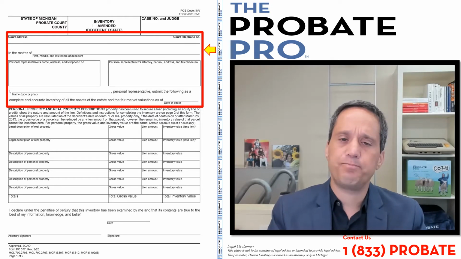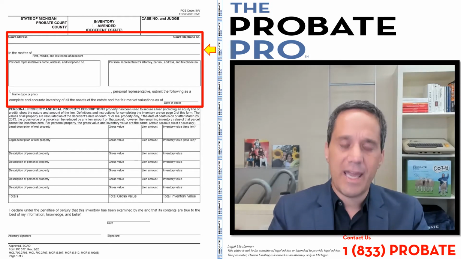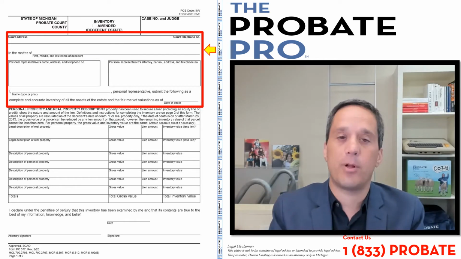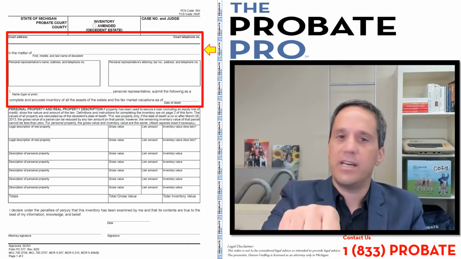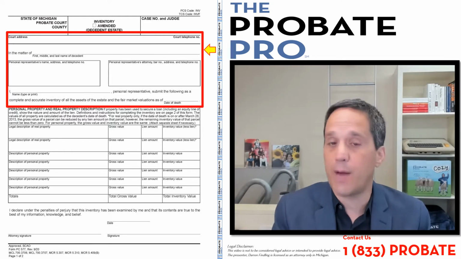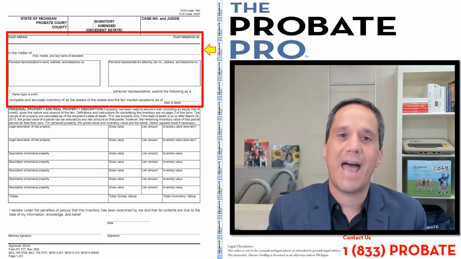In addition, as I was describing those assets that make their way onto an inventory, an asset that has a joint name. So for example, a house that's owned by husband and wife as tenants by the entirety. The husband dies, there's no need to inventory the house because the wife is the survivor, and that would hold true with any joint account or survivor asset.